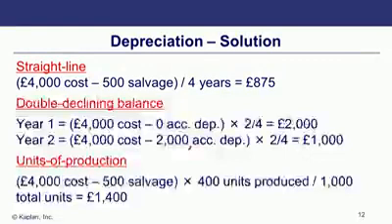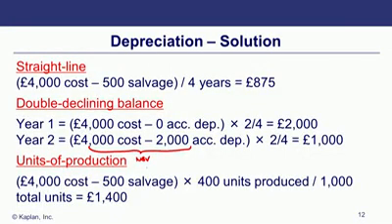Net book value at the start of year two, of course, is cost 4,000 less 2,000 accumulated depreciation from year one, so we've got a net book value of 2,000 coming forward. 2,000 times 2 over 4 gives us a depreciation of 1,000. And of course, net book value coming into year 3 would be the 4,000 minus 3,000 accumulated depreciation, etc.